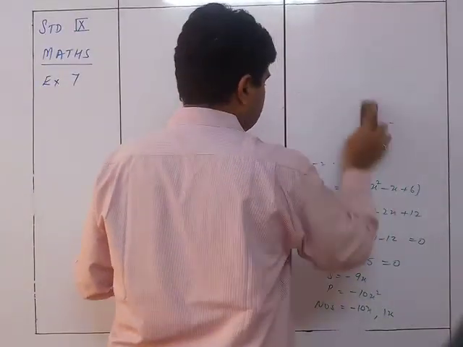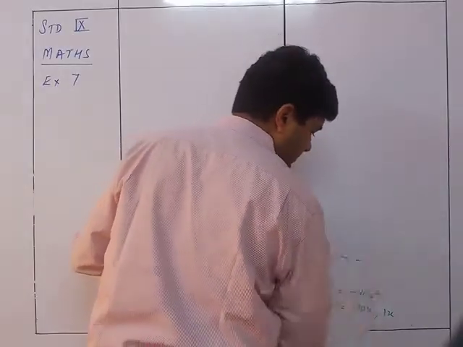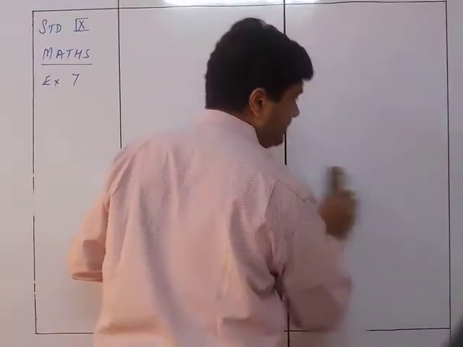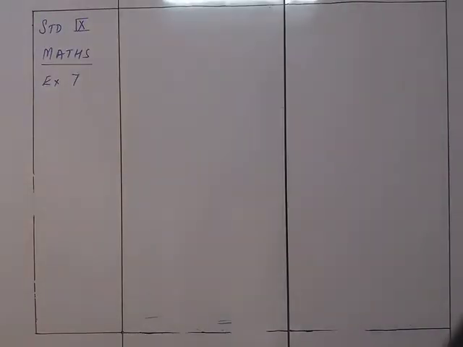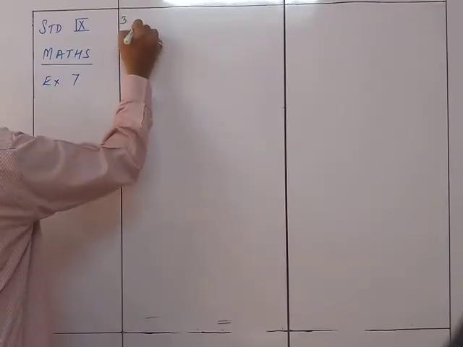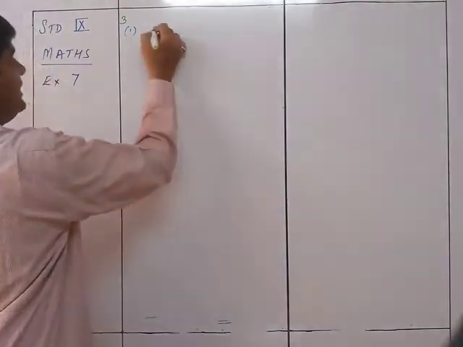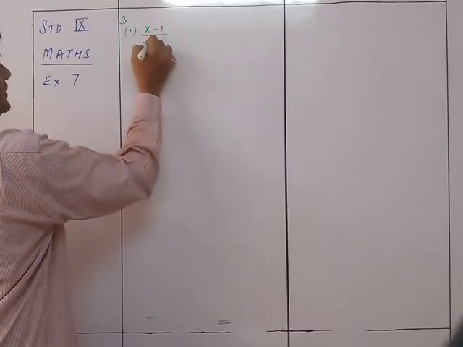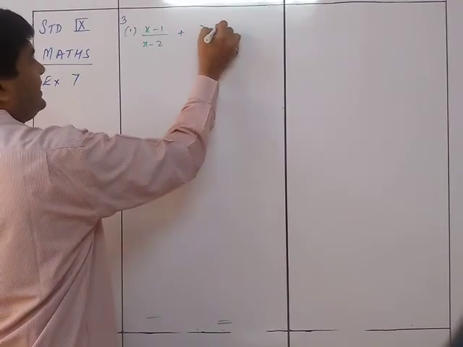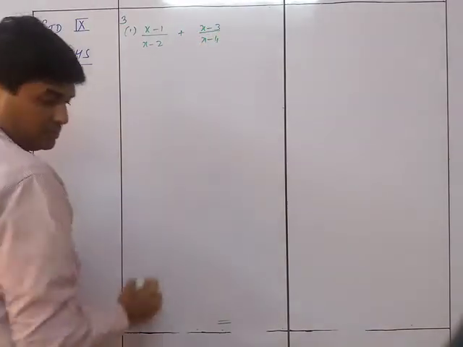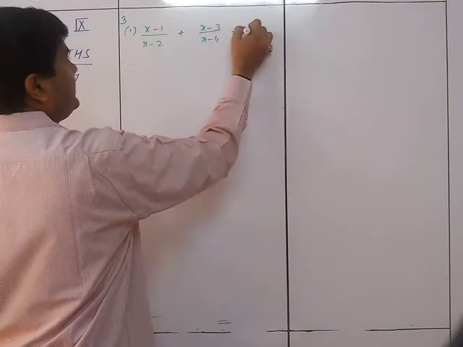So chapter test, third sum, third ka first as well as second, we will do both because we have got time. Third ka first is x minus 1 upon x minus 2 plus x minus 3 upon x minus 4 is equal to 3 1 upon 3.